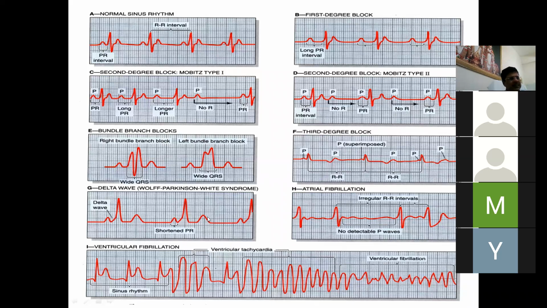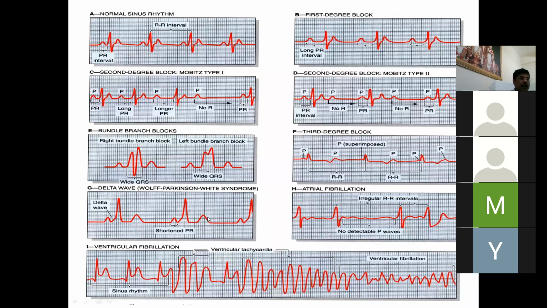Then one more abnormality is WPW syndrome, Wolff-Parkinson-White syndrome. So what is this Wolff-Parkinson-White syndrome? Normally, the only connection between the atria and the ventricles is the bundle of His. In some people, you have an extra connection between the AV node and ventricles, apart from the bundle of His.